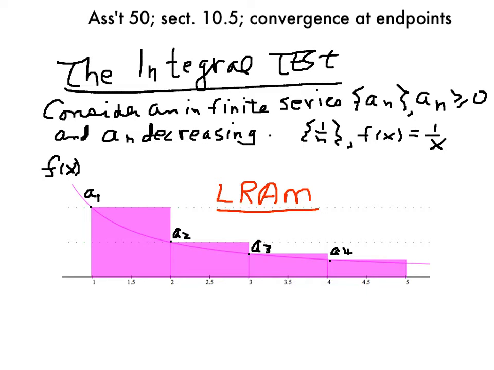And notice also that we have an overestimate. So what that tells us is that the actual area under this curve is going to be less than or equal to a sub 1 plus a sub 2 plus a sub 3 and so on. So that's our first important result. Keep that in mind as we move along.